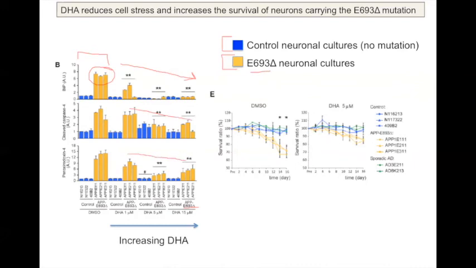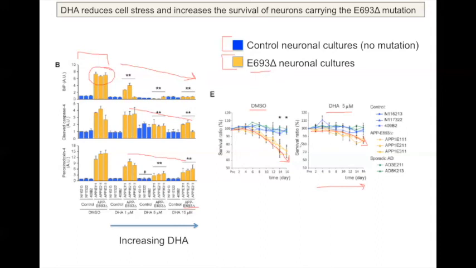Here is a plot again, that with 5 micromolar DHA, up to 16 days, we start to see the increased survival of these particular neurons. And that can be seen when we compare it to our control. So for example, here is our control, and you can see that in the absence of DHA, the death of the neurons is very steep, whereas as soon as we add DHA, after 16 days, we see a slowing of neuronal death.